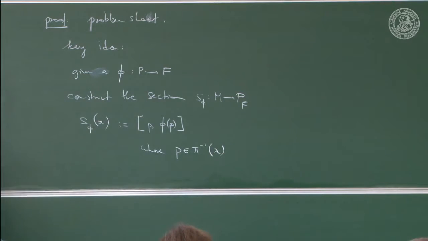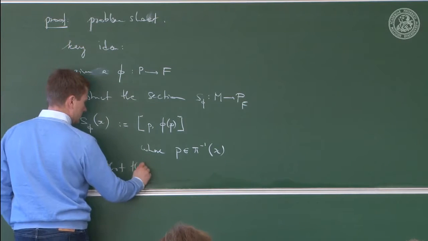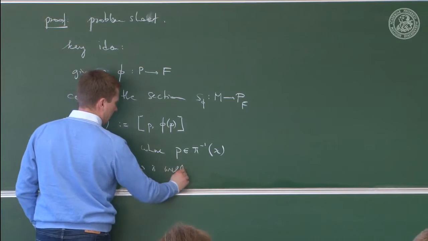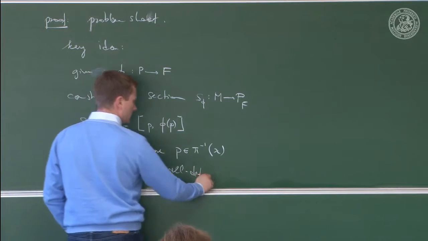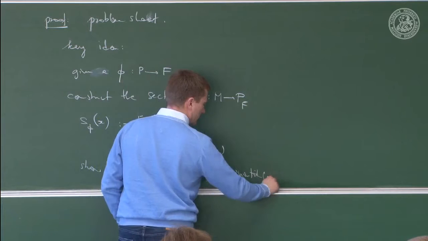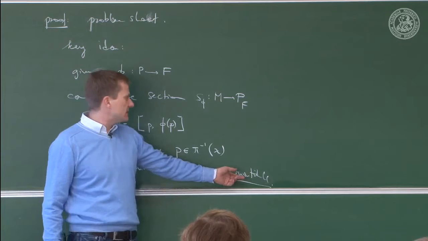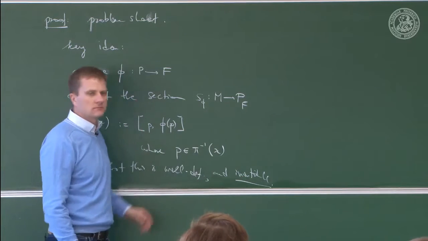And of course you have to show that this is well defined, simple, and invertible. The invertibility you need in order to ensure that it's one-to-one, of course. And here you show the invertibility by explicitly constructing the inverse. Okay?